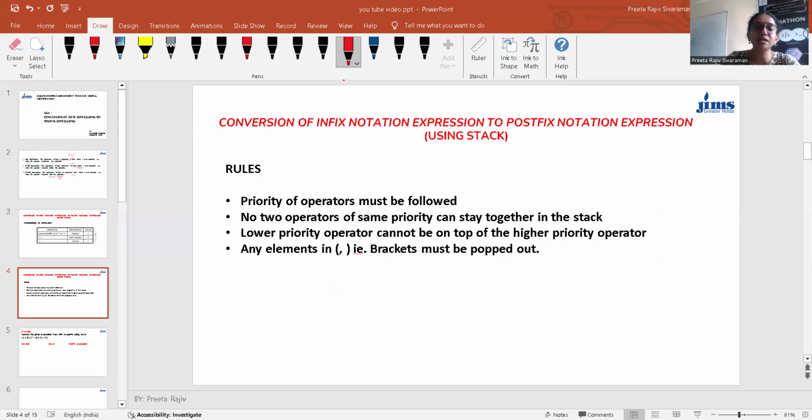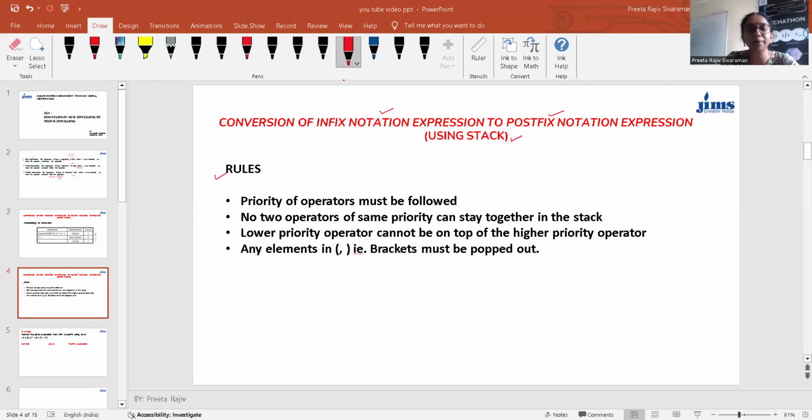Now, moving ahead, what are the rules we need to follow when converting an infix notation expression to a postfix expression notation? The data structure we use, the most common one, is the stack. The first rule is that the priority of the operators must be followed, as we saw in the previous slide.